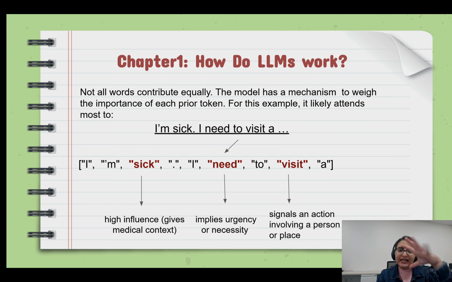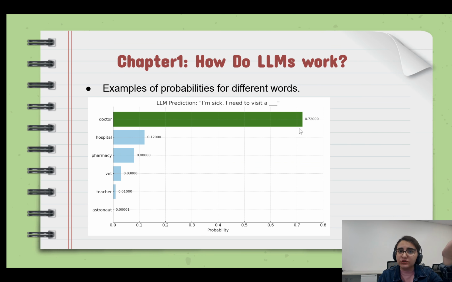So the LLM will look at all these words and, based on their importance, it will calculate the probabilities of different words that can fill this sentence. You can see some of these words and their corresponding probabilities in this slide.